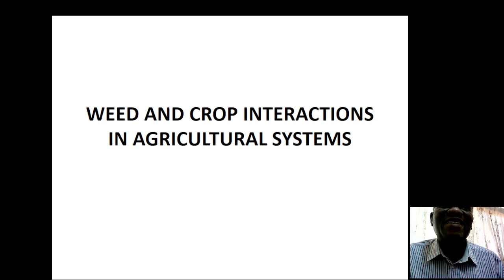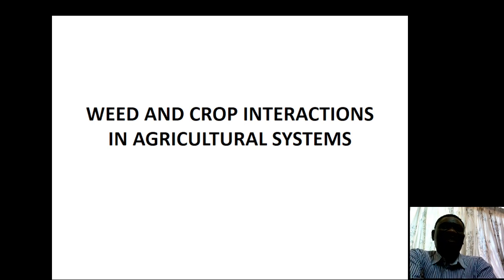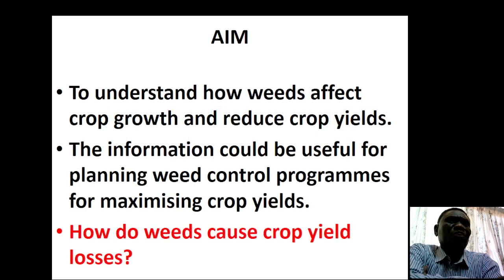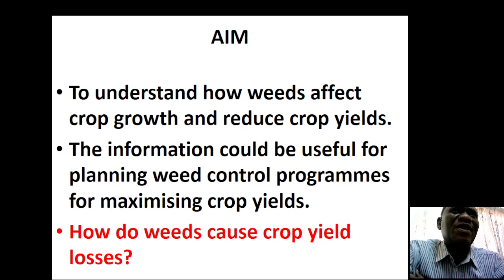So, in this lecture, we want to understand how weeds can actually affect the crops. So the aim is first to understand how weeds affect crop growth and subsequently reduce crop yields.